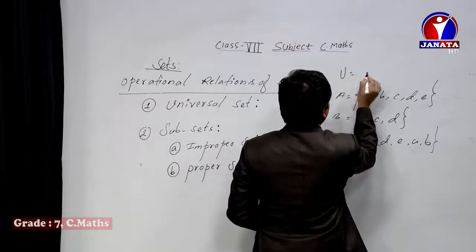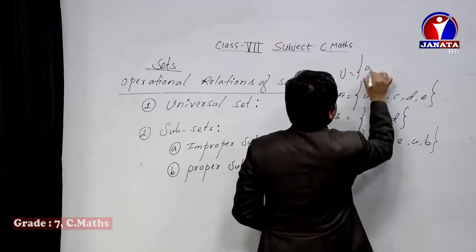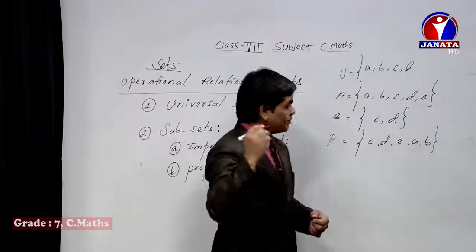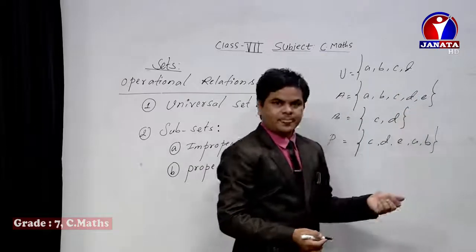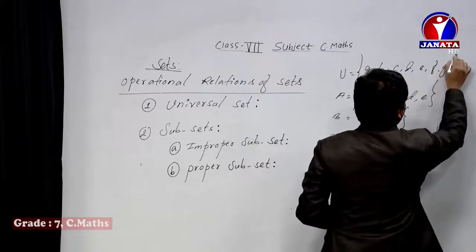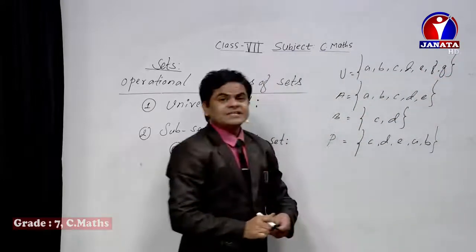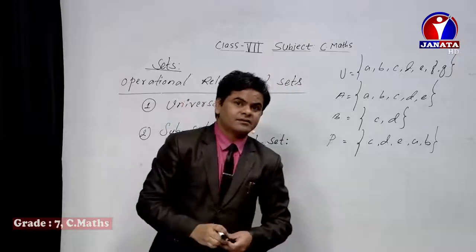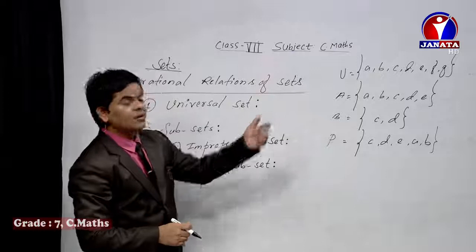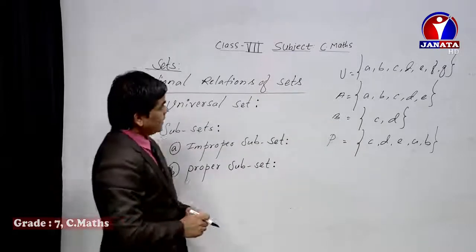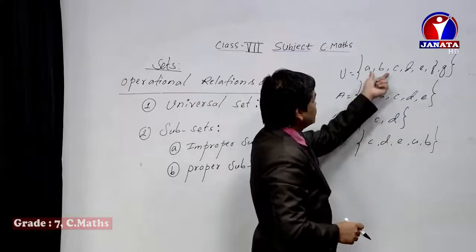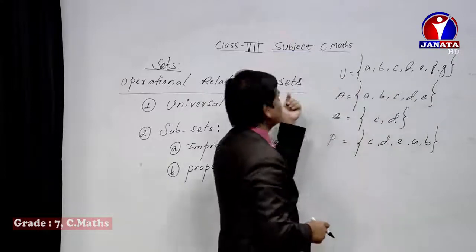Let's keep the universal set as A, B, C, D. Of course, dear students, it must cross E, so let's go to E, F and G, up to G only. If we take more elements, it will be vague to write or discuss. That's why I have kept only up to G. Now, dear students, A, B, C, D, E, F, G is the biggest one, and it is also known as the superset.